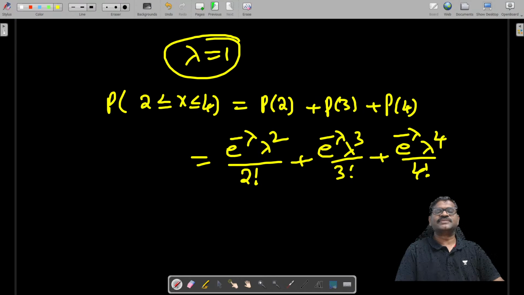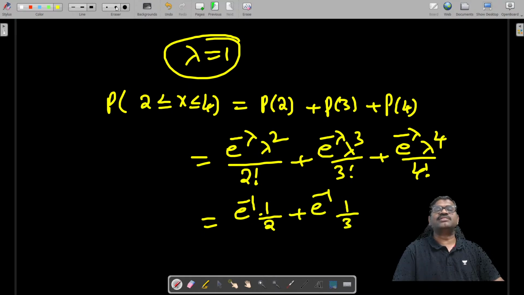That is e power minus 1 into 1 by 2, 1 by 6, 1 by 24.